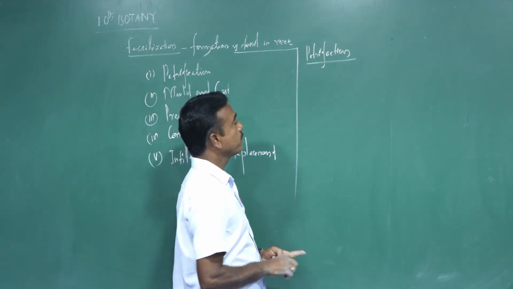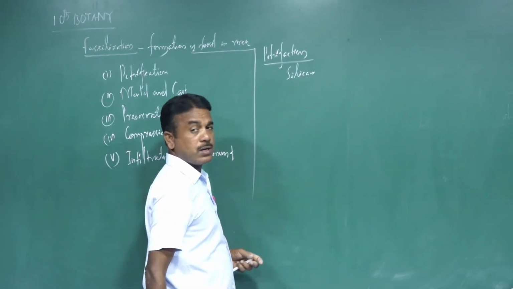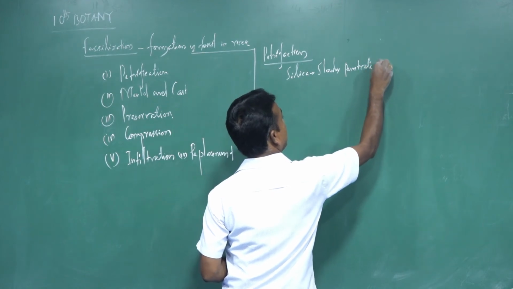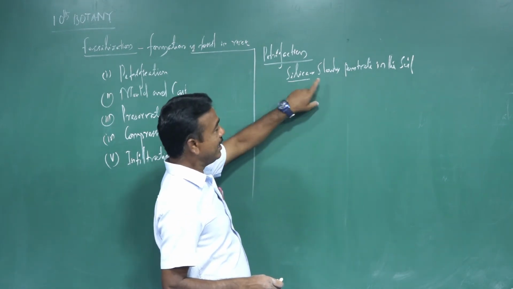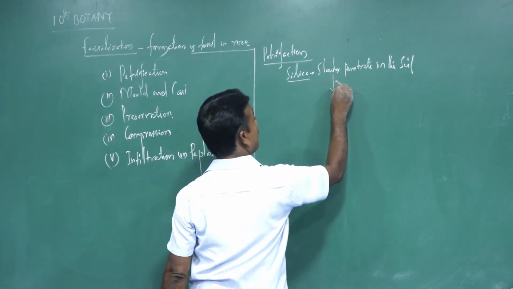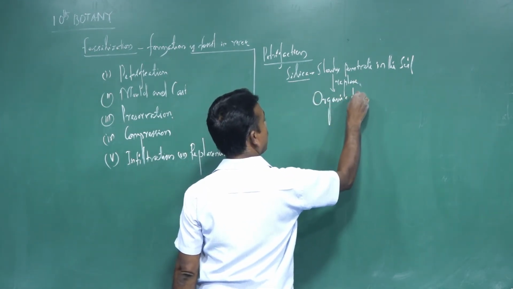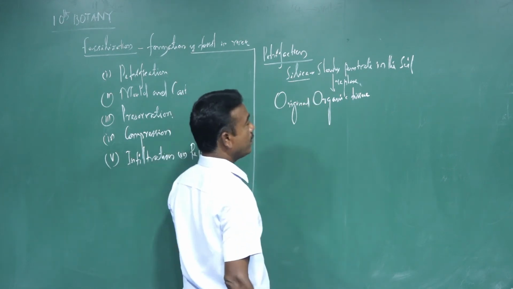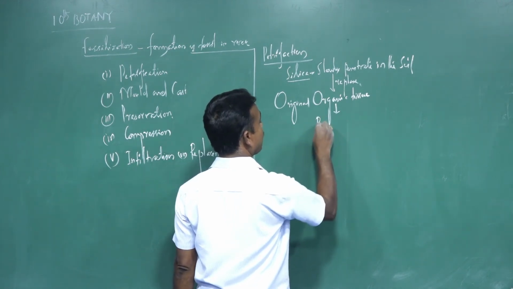What I call petrifaction means mineral-like compound like silica, which slowly penetrate in the soil. So mineral-like is not an exact mineral, mineral-like silica, which slowly penetrates in the soil. After the penetration, that replaces original organic tissue, resulting in gradual formation of rock-like fossil.